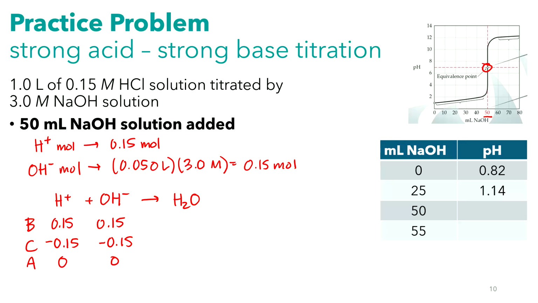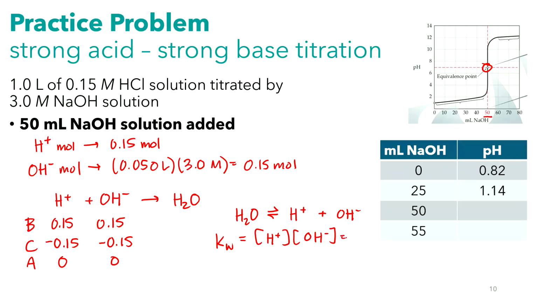Okay? So that means in this solution, I only have H2O. And remember, H2O has its own equilibrium because it can auto-ionize. It can sort of act as a base and as an acid. So it's constantly breaking apart into H plus and OH minus. And that equilibrium is described by Kw, which is H plus times OH minus.